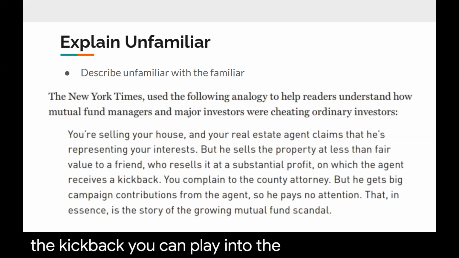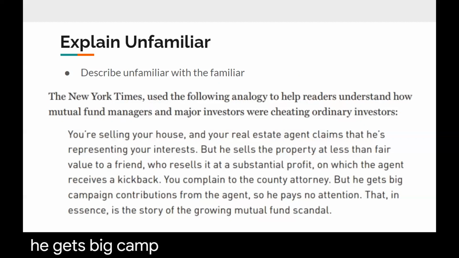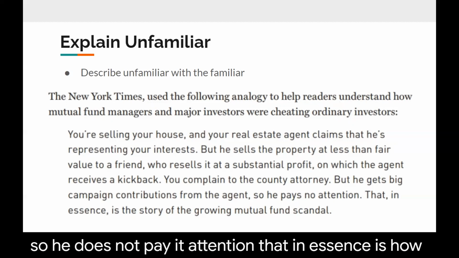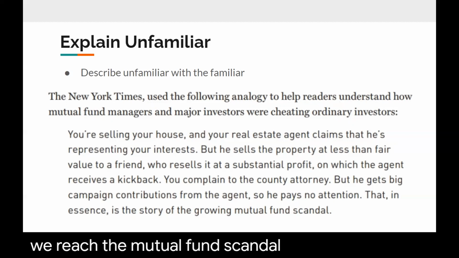You complain to the county attorney, but he gets big campaign contributions from the agent, so he does not pay it attention. That, in essence, is how we reach the mutual fund scandal at hand.